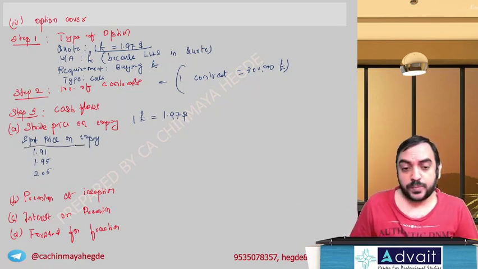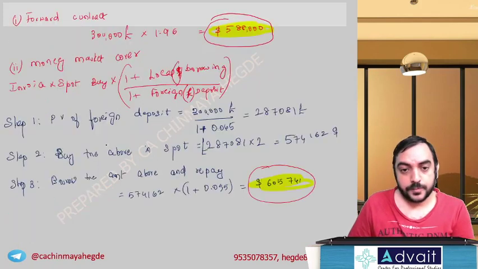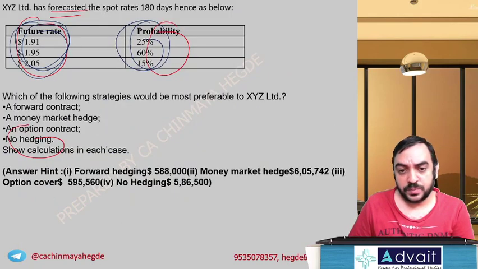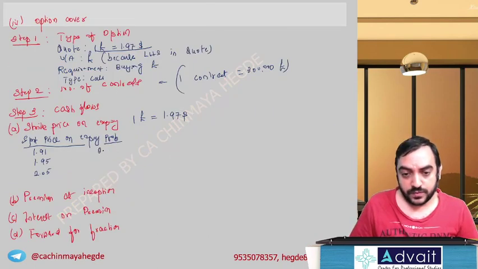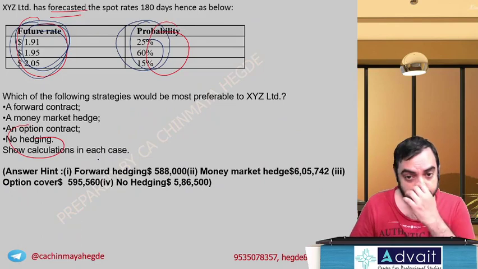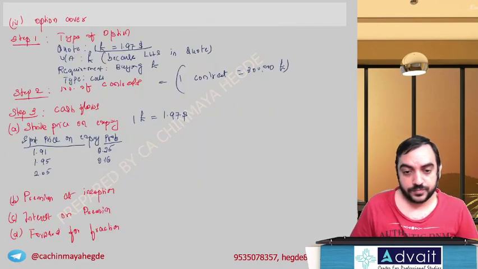So spot price on expiry 1.91, 1.95, 2.05, and probabilities 25%, 60%, 15%, that is 0.25, 0.60, 0.15.